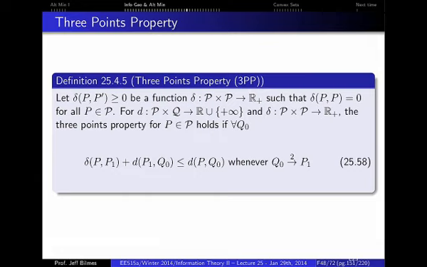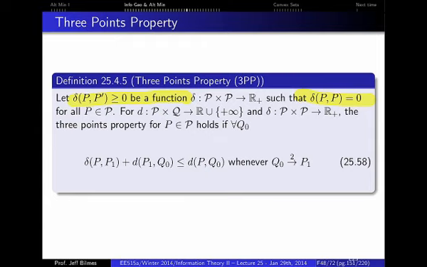So it's an additional quasi-distance function, delta, and it basically requires that it's a quasi-distance, so it's equal to 0 at the same argument, and it's non-negative.